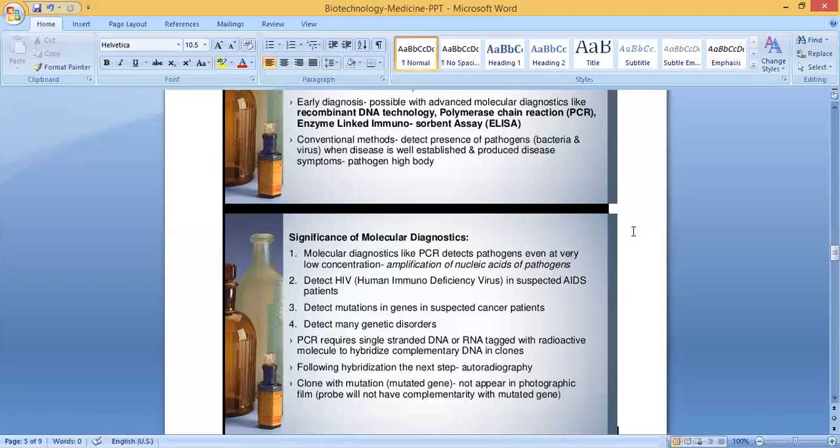Autoradiography has many applications in the laboratory. The next point: a clone with a mutation or mutated gene does not appear on the photographic film.